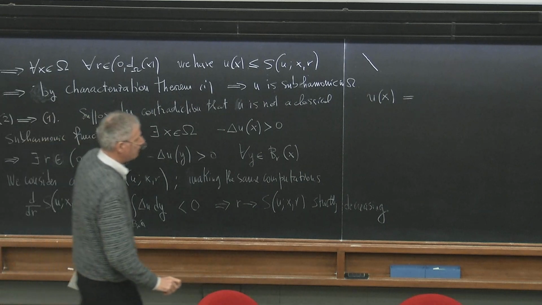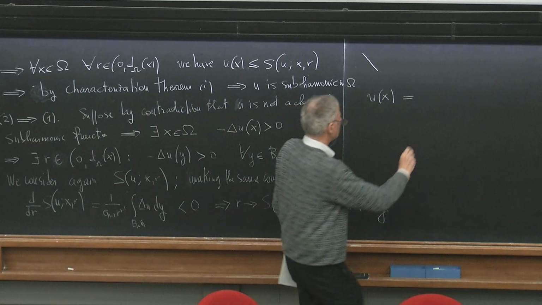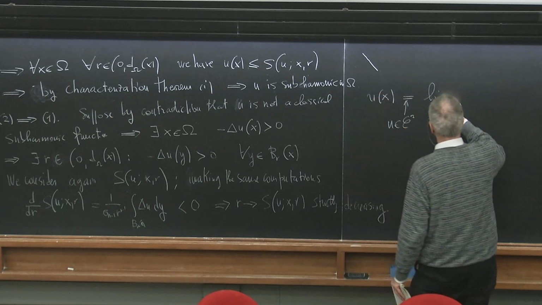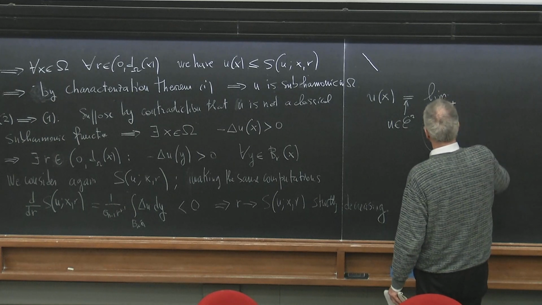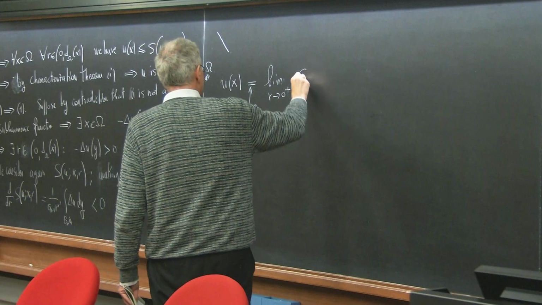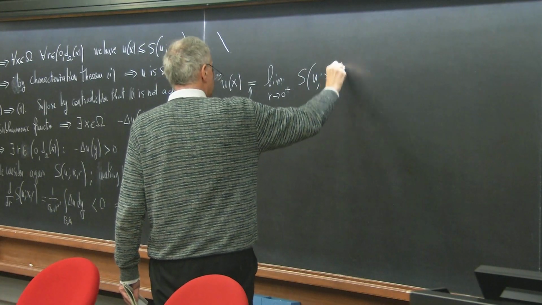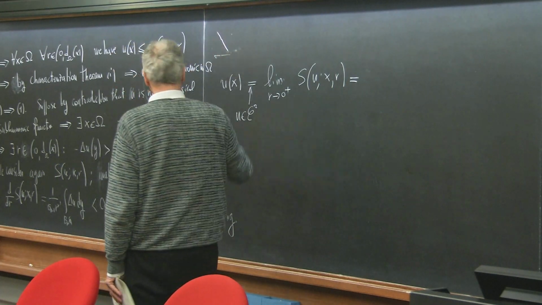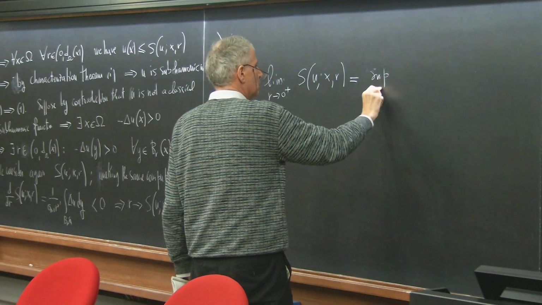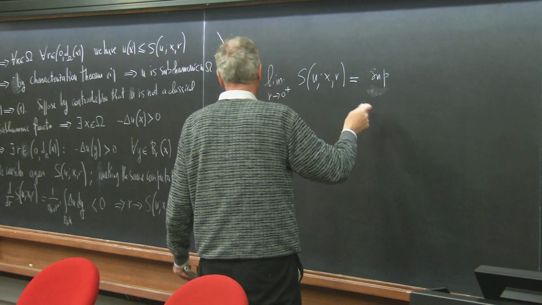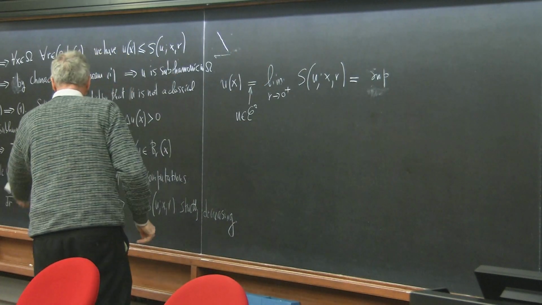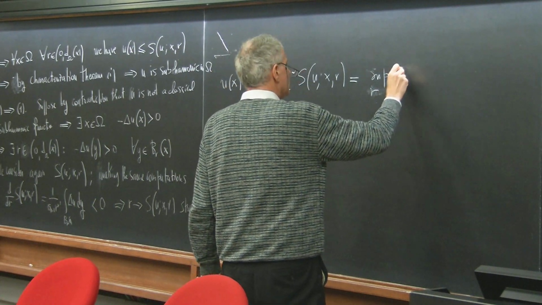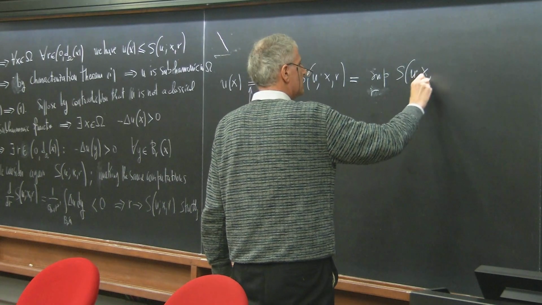What is this one, the supremum then? Exactly. So this is equal by continuity to the limit, and the limit is the supremum. So u of x is the limit of this. But now the limit as r goes to 0 is the supremum, for r small enough, of S u x r.